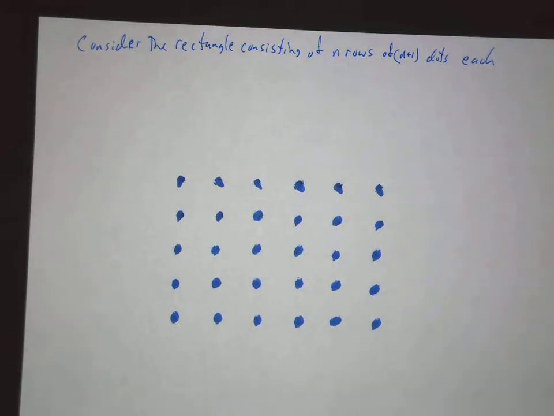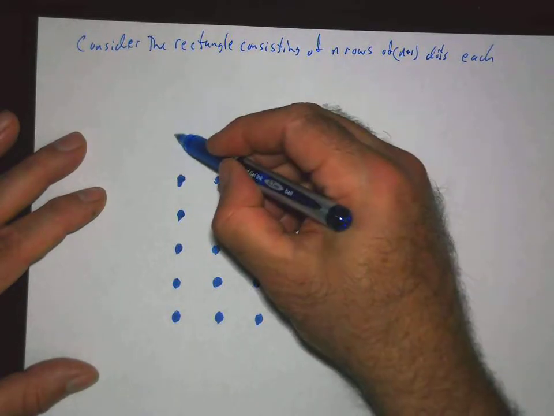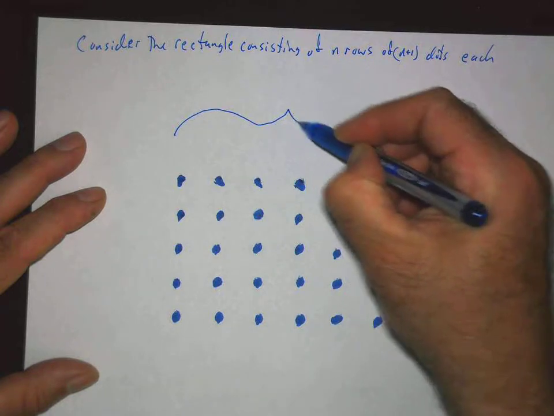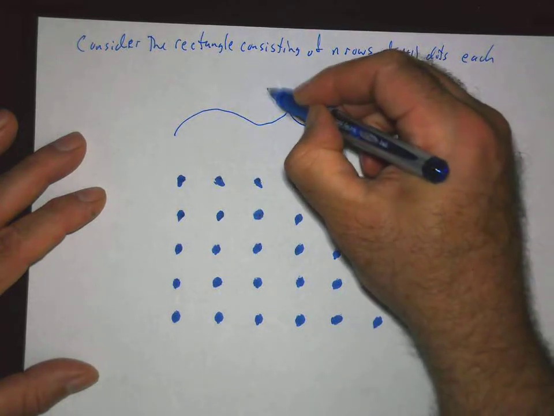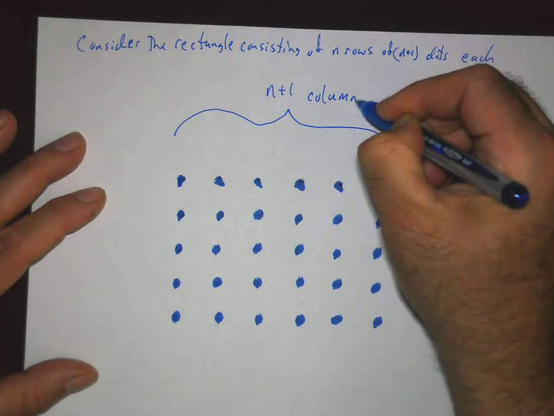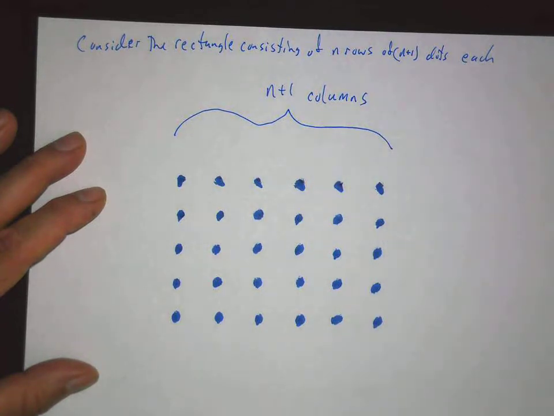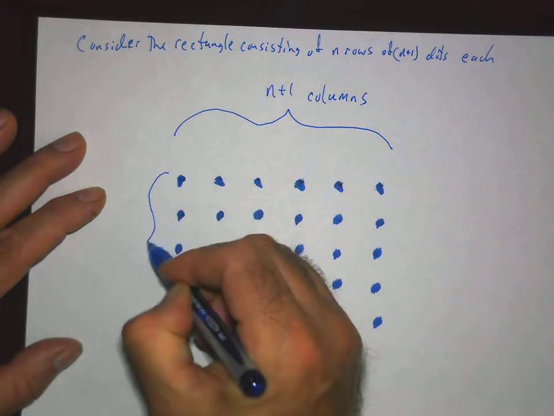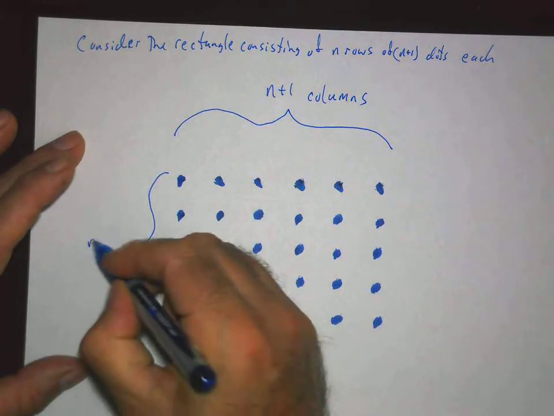N rows, n plus 1 dots each. So essentially overall, that means I have n plus 1 vertical columns. And I have n rows.